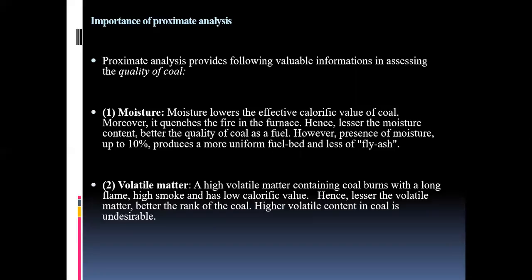Hence, the lesser the volatile matter, the better the quality of the coal. Higher volatile content in coal is undesirable, which means a higher amount of volatile matter should not be present in the coal.